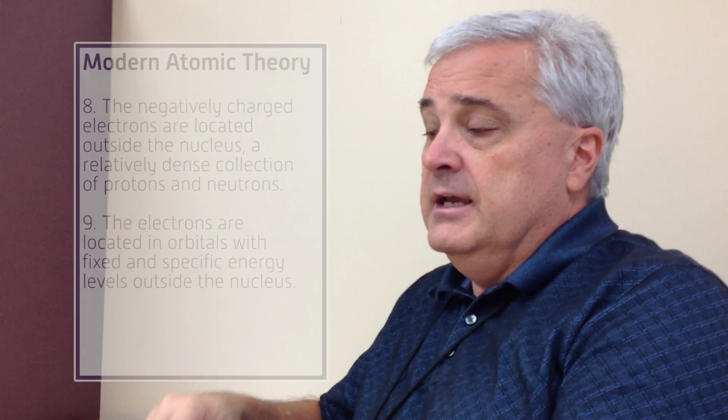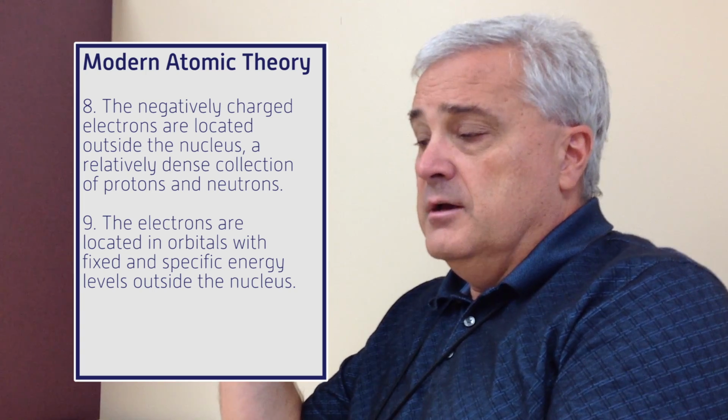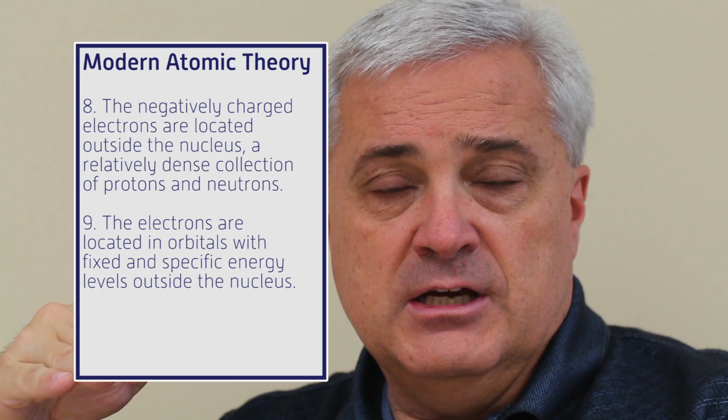After Rutherford, Niels Bohr came along, and he began to extend Rutherford's model by identifying a little bit more about where the electrons were located. Bohr identified locations in the atom that he called orbitals, and the electrons would locate themselves in these orbitals based on the amount of energy each electron had.